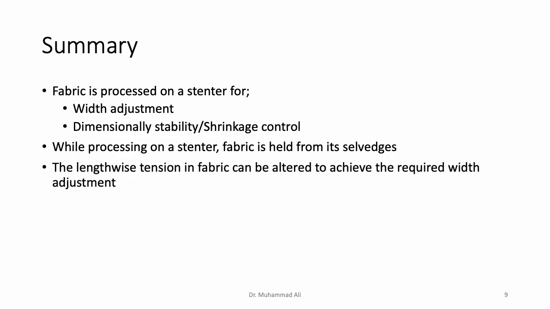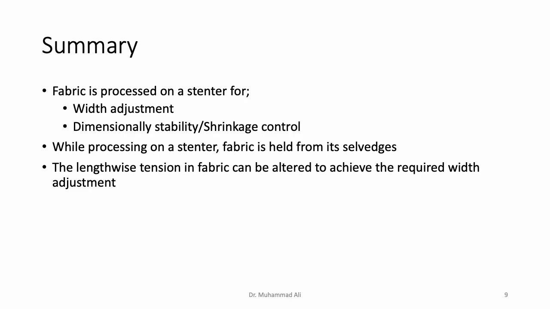The other main feature of processing a fabric on a stenter is that the lengthwise tension in the fabric can be changed. And this is crucial because if you are increasing the lengthwise tension on a fabric, then the width will be reduced.